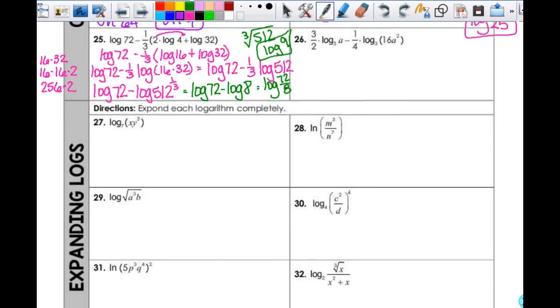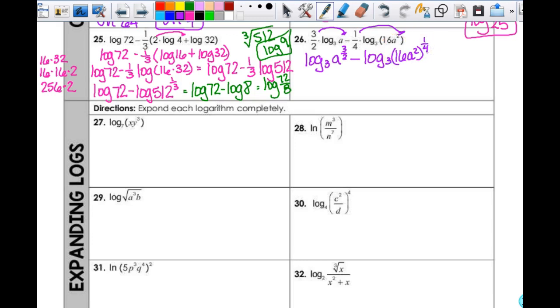All right, here we go. So now this is not on the outside of parentheses. So this exponent goes here, and this exponent goes here. So this becomes log base 3 of a to the 3/2 power minus log base 3 of 16a squared to the 1/4 power.